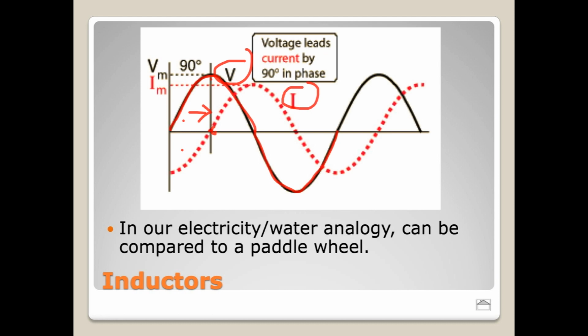If we're multiplying these things and they're in sync with each other, we get nice, useful power. But if we have a shift in phase between the two, at some points we can get negative wattage, which is kind of a weird concept, negative power. And we can get into situations where we're actually wasting power.